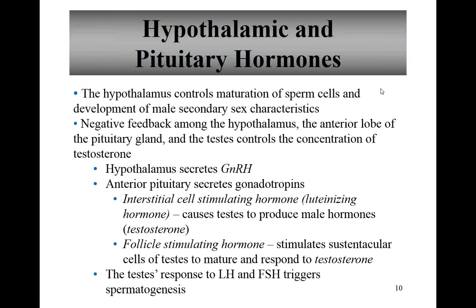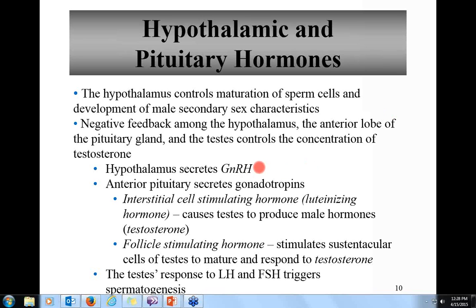All right, so the hypothalamic and pituitary hormones, again, this is a lovely hormonal cascade. The hypothalamus secretes gonadotropin releasing hormone. Then the anterior pituitary secretes gonadotropins, and from now on these will be called luteinizing hormone, LH, and follicle stimulating hormone, FSH.